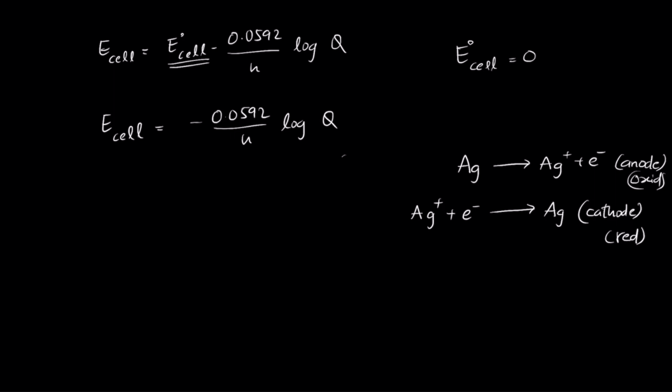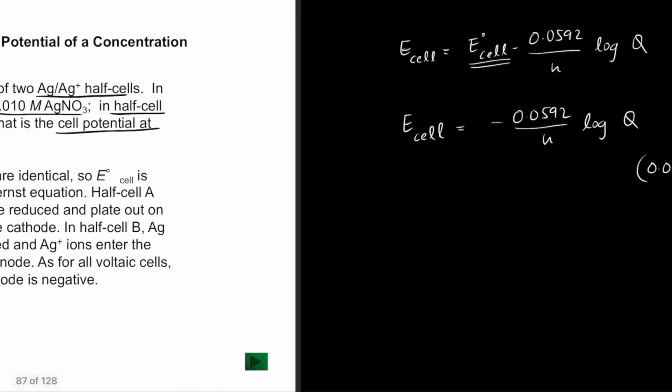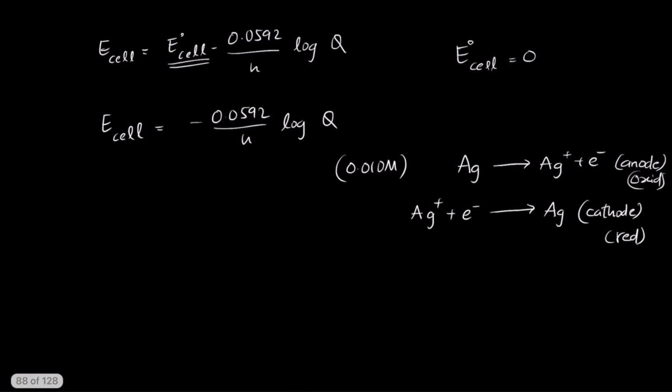The lower concentration one is the one that undergoes oxidation, so 4.0 times 10 to the power negative 4 m, and the cathode has a concentration of 0.010 m.